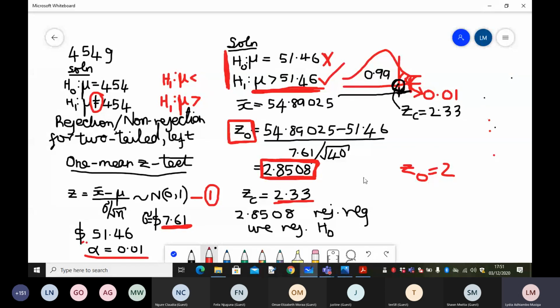So if that was the case, we would say that 2 falls in the non-rejection region. So we fail to reject H naught, and it implies the test results are not statistically significant at 1% level. And then we will make the conclusion that the prices of the books have not increased.